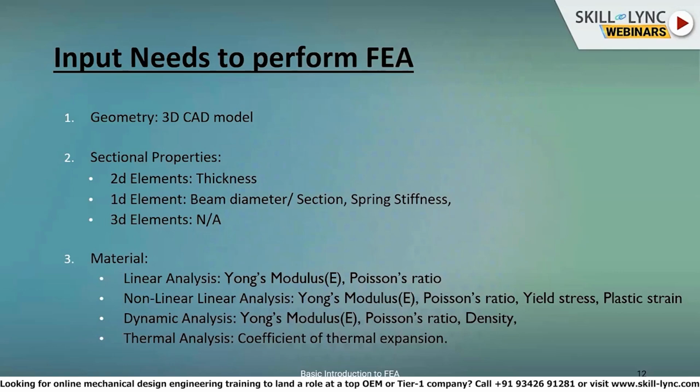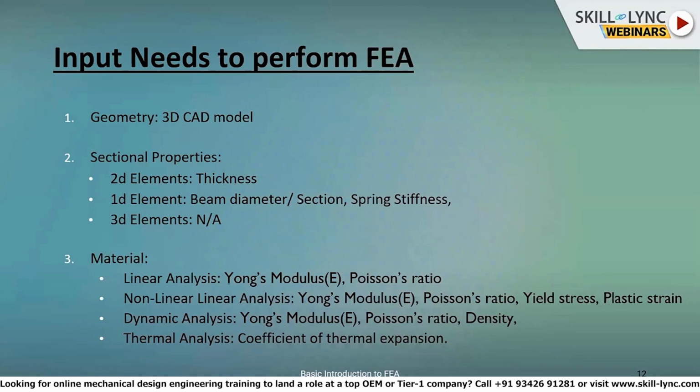In sectional properties, for 1D elements like beam element, bar element, truss element, and spring element, what I will need is their sectional properties to define the component in a complete manner, so that I can do the calculations on that. If I have a 1D beam element, for that I will need the area as a sectional property.